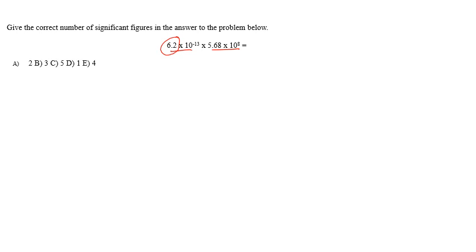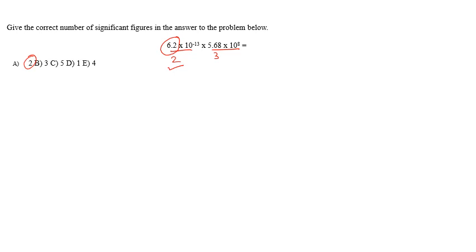So always we have to go with the least precise in the answer as well, correct? So what is it asking? Give the correct number of significant figures in the answer to the problem below. So how many sig figs are here? 6.2 means I had 2 sig fig, and here 3 sig fig. So in my answer, I should have 2 sig fig. So 2 is the right answer.